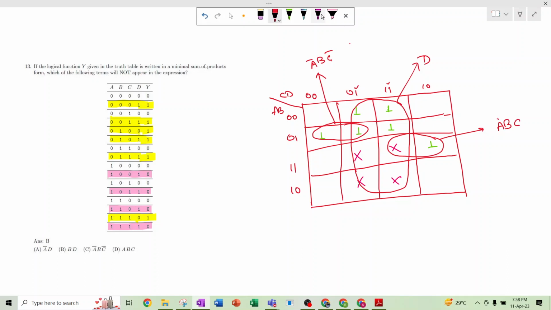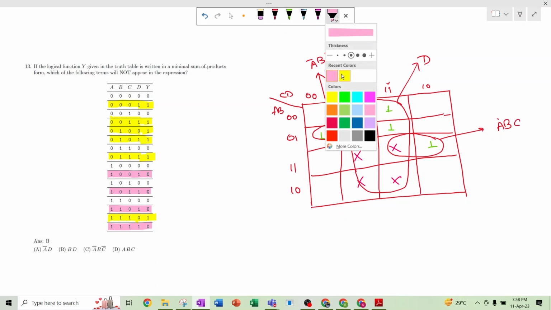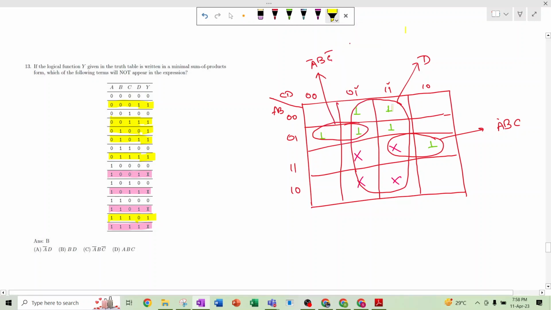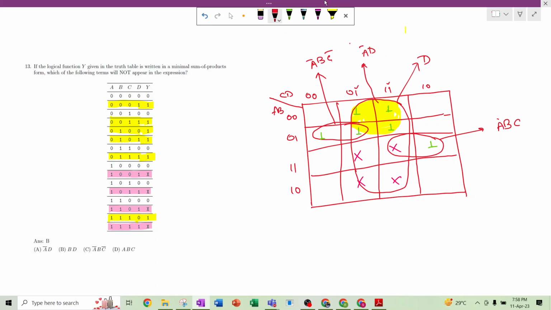Okay, and then if we consider this group only, because this group covers all ones and no don't care term, then with this group it is a bar d. So a bar b c bar is covered, so this will not be the answer.